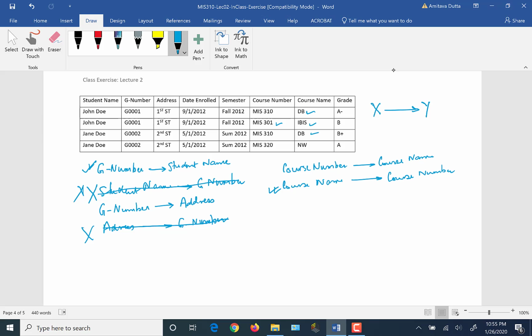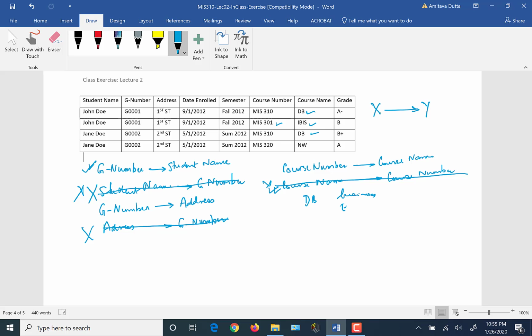However, given how George Mason and other universities work, I would not write this second functional dependency. Why? Let's take database, for example. Database as a course is offered by the business school.